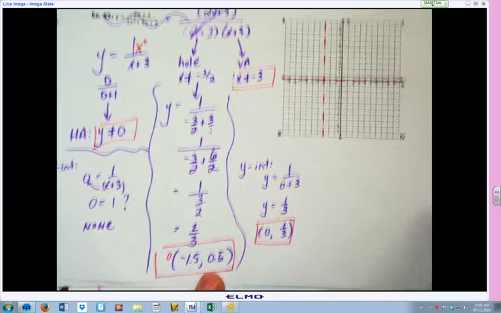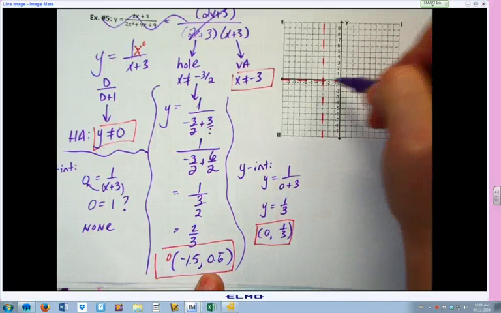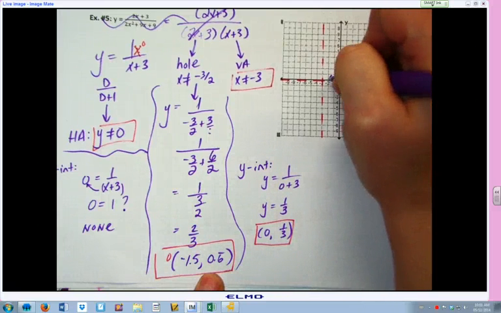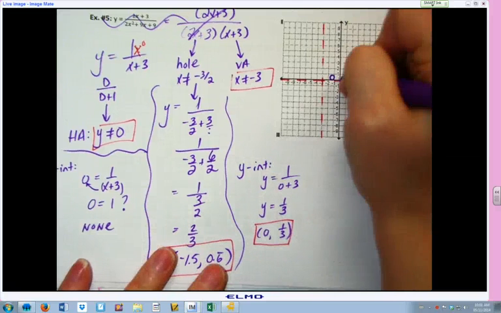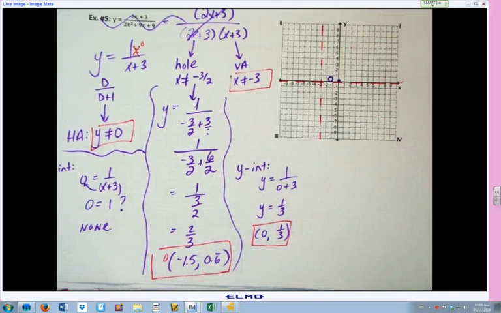The hole. Okay, so negative 1.5, 0.6, and I'm going to draw a really big hole just so you can see what I'm doing. So I took up the whole box just to make it really obvious for you. What would you like to draw next? The y-intercept's all we have, so it's at a third.